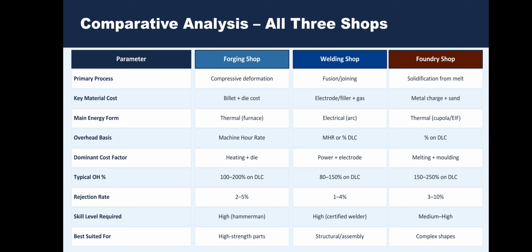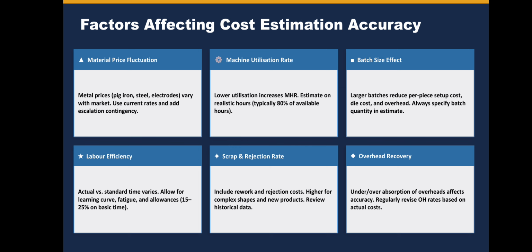For forging we see compressive deformation, billet plus die cost, thermal furnace, machine hour rate, heating plus die, 100 to 200 on DLC, 2 to 5% rejection rate, skill level required high, hammerman, best suited for high strength parts. All have different parameters. We can find the different values and processes included in the forging, welding and foundry shop.